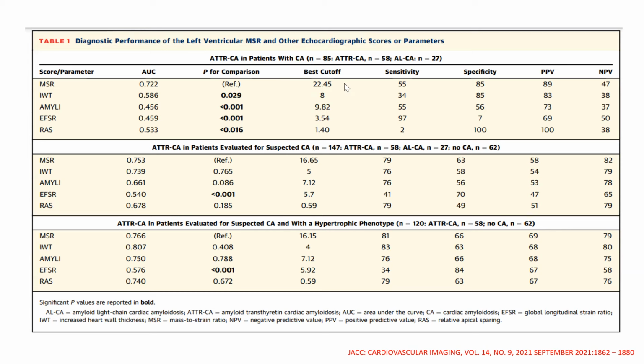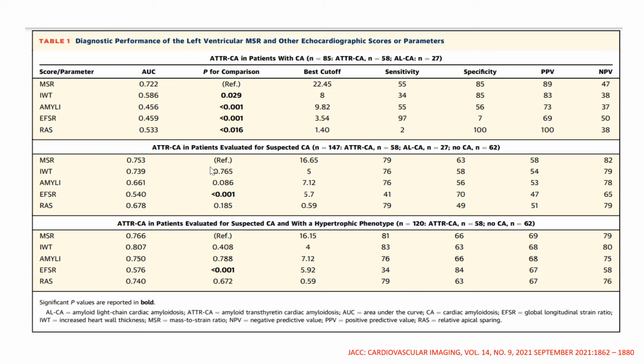The mass to strain ratio gives you a nice specificity to diagnose ATTR cardiac amyloidosis in a patient with cardiac amyloidosis. The inferior thickness score also has almost the same value, and lastly, the other scores have lesser specificity compared with the MSR and the inferior thickness score.